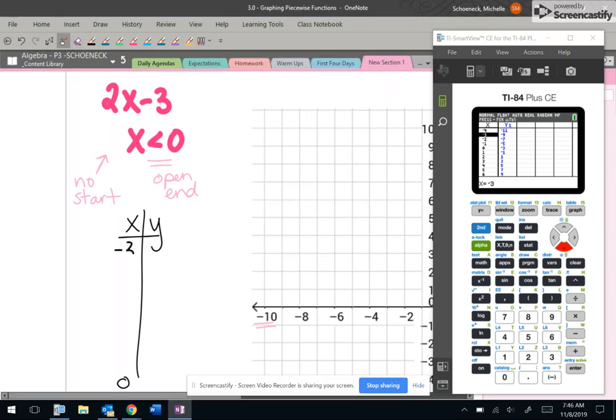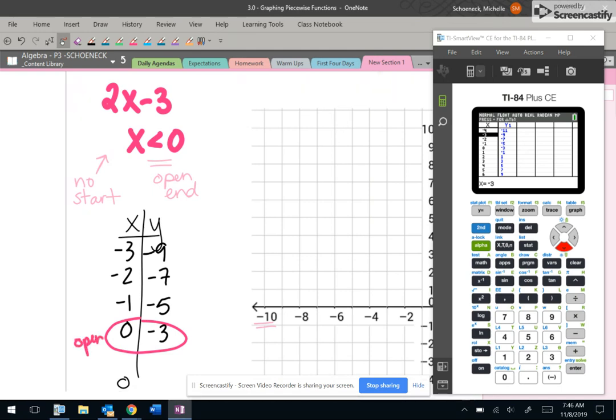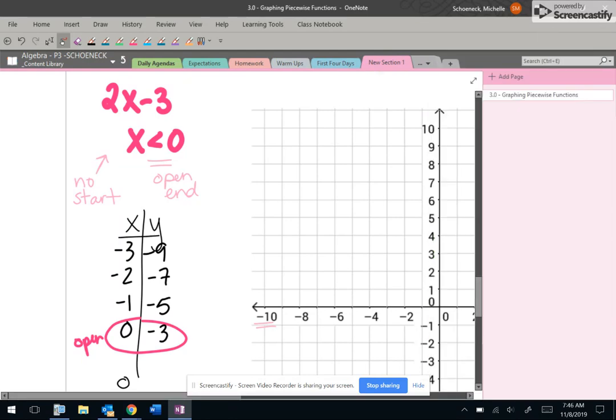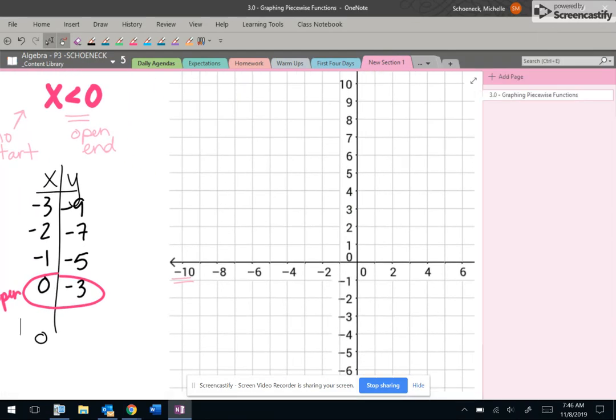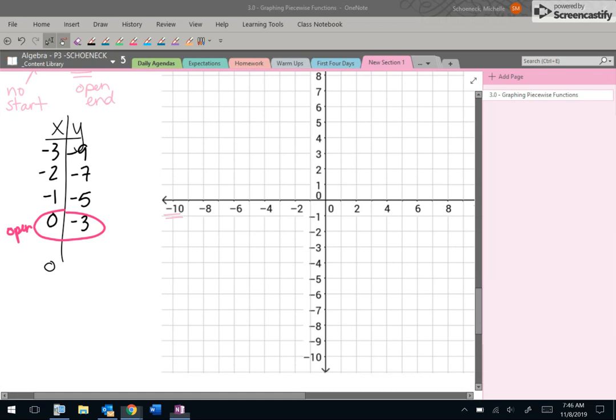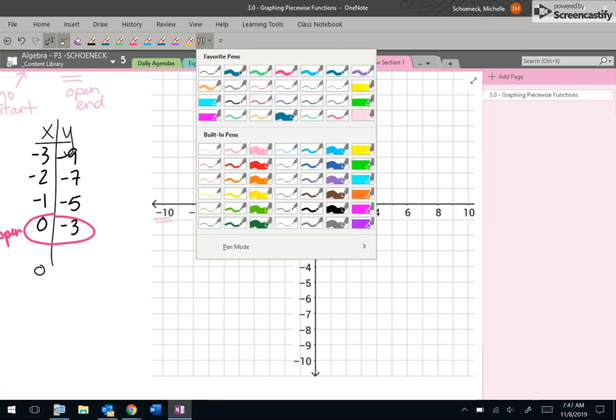All right, so -3, -9, -2, -7, -1, -5, 0, -3. And remember, that's where we're stopping. So we're going to circle that because it's an open circle, and that's our end. So now let's come to the graph, and we're going to graph our points.